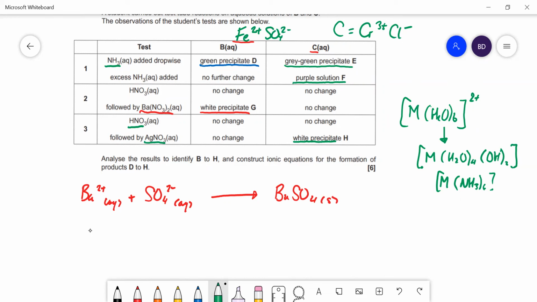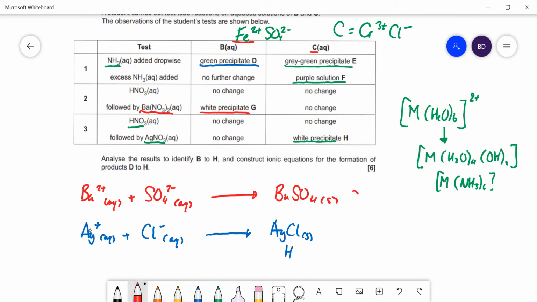So you're going to have Ag plus in aqueous solution plus chloride ions in aqueous solution goes to give you AgCl solid. Okay, so that is precipitate H, and I should have said earlier, this one is precipitate G, isn't it?